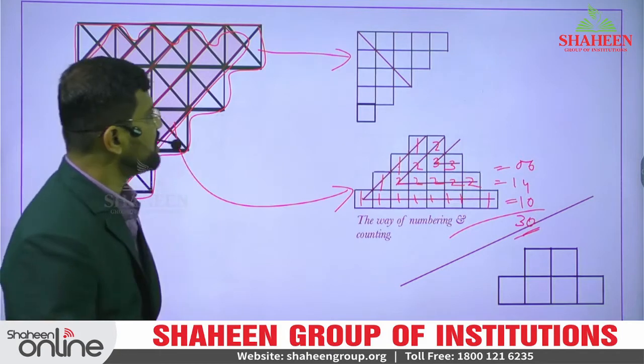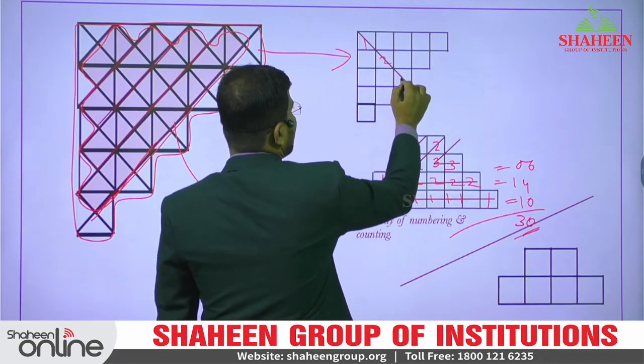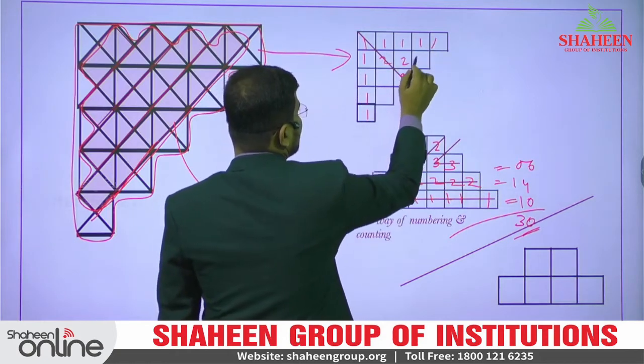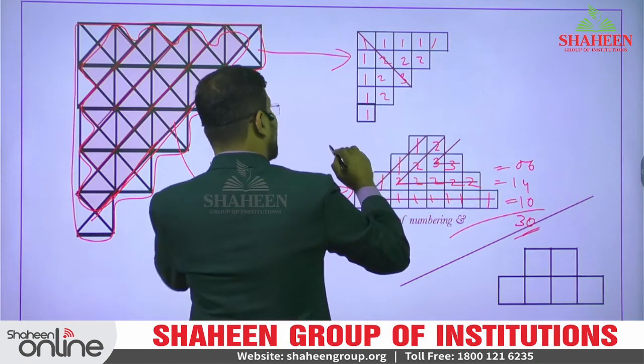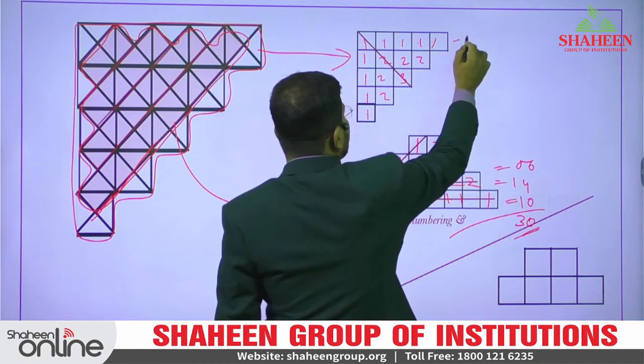Now I will take the other figure. Friends, just now we have solved this. Okay, 1, 2, 3. Now 1, 1, 1, 1, 1, 1, 2, 2, 2, 2. Now 1, 2, 3, 4, 5, 6, 7, 8, 9. So this is 9.